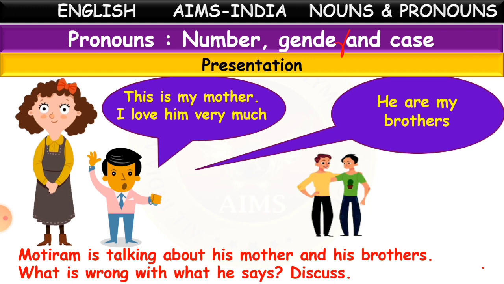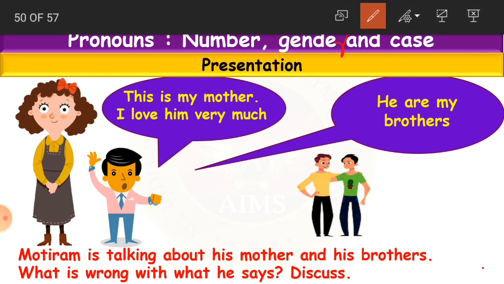Did you notice, children, there were some mistakes? When he was telling about his mother, this is my mother, I love, he said him. This him is wrong because she is a female person, so it becomes her.